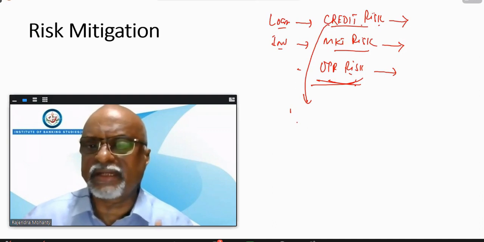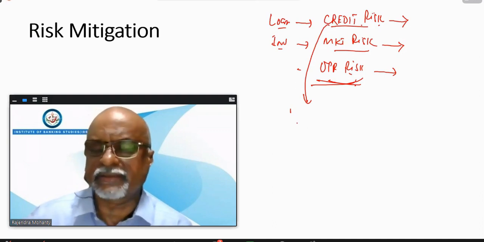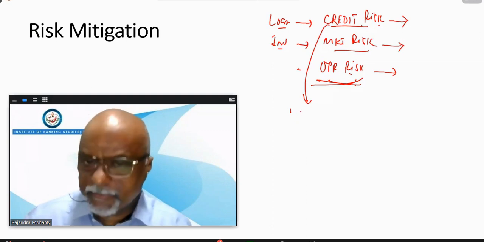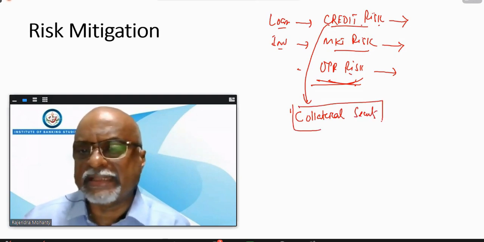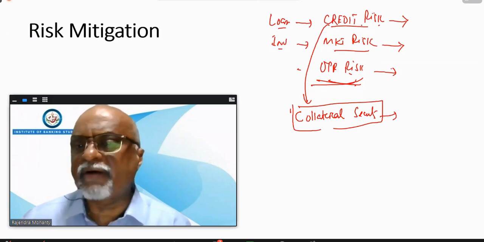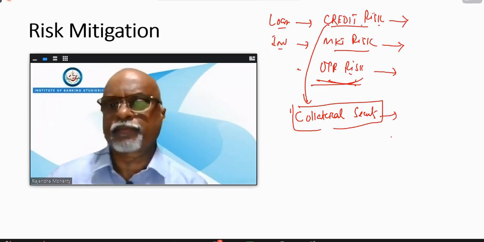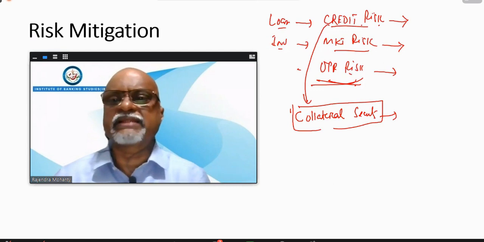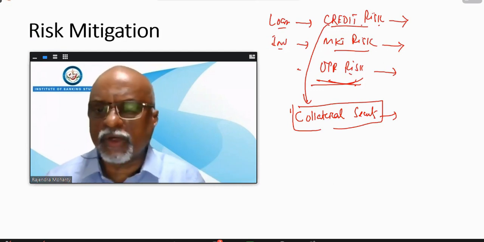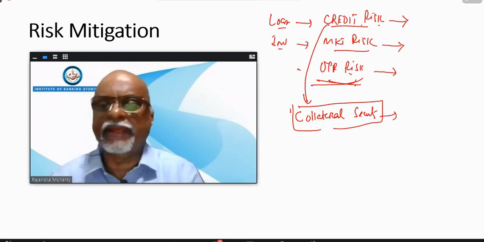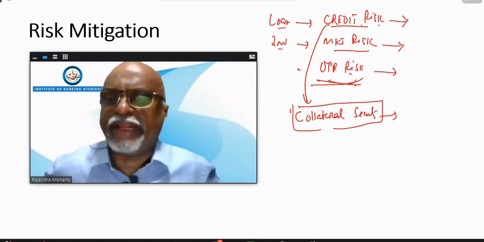So basically, in credit risk, what is the mitigation process? I have already discussed it. In credit risk, what is the mitigation process each bank does? Securing collateral security. Very good. We ask for collateral security because if collateral security is there, to that extent our risk is reduced.